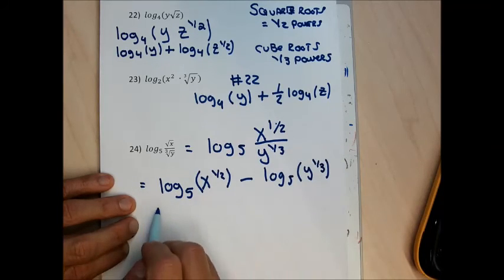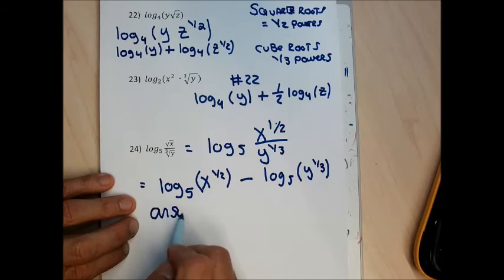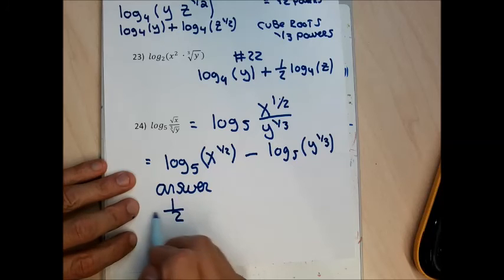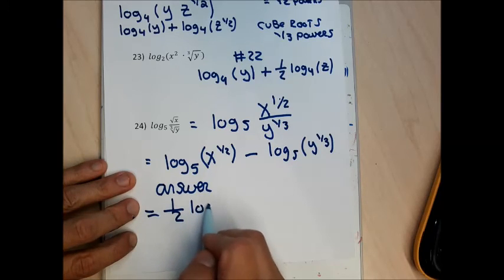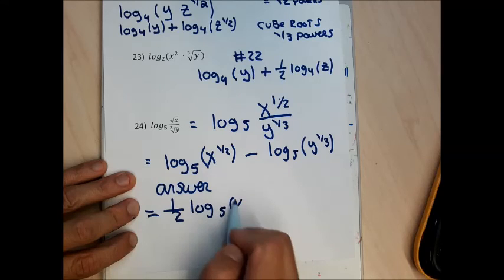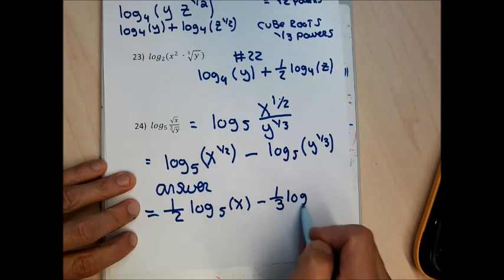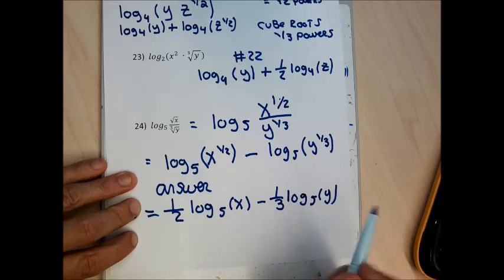That's expanding, and now I'm going to get my answer by making the exponents into multiplication. My answer is going to be 1/2 times the log base 5 of x minus 1/3 times the log base 5 of y. Hopefully this is good.